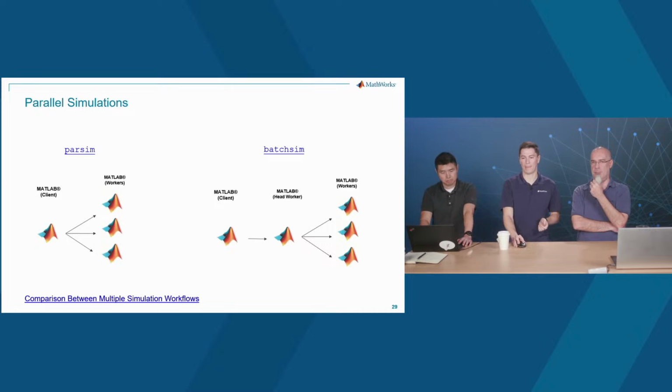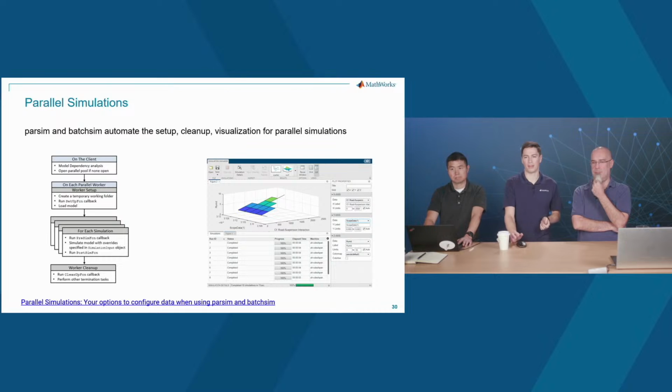A great thing about the parsim and batchsim commands is how they automate the setup, the cleanup, and the visualization for these parallel simulations, to make it as easy as possible to scale from serial to parallel. For example, parsim and batchsim will do a dependency analysis check to find all the files that are needed by your model and automatically send those to the workers so that it can run.